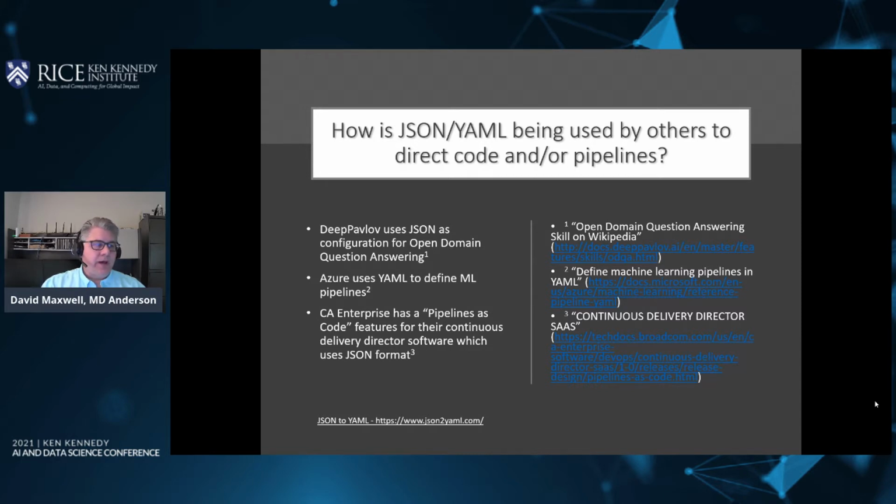Well, DeepPavlov uses JSON as configuration for their open domain question answering. Azure uses YAML to define ML pipelines, and CA Enterprises has a pipelines-as-code feature, which uses JSON as the format. And I have a link down here to JSON to YAML conversion.